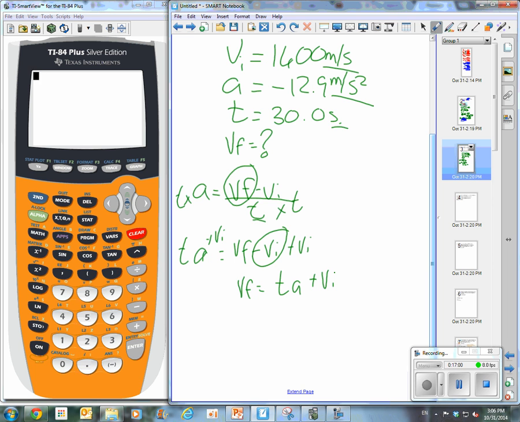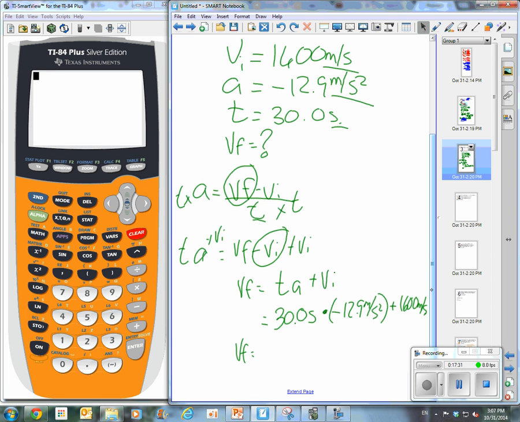So now I just need to do some substitution here. Time is 30 seconds. We're going to multiply that by negative 12.9 meters per second squared. Then I'm going to add my initial velocity of 1600 meters per second. Sorry, I ran out of some room there. So final velocity is equal to, here we go, back into my calculator.